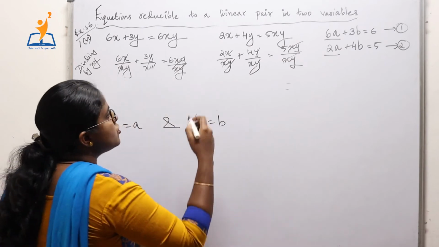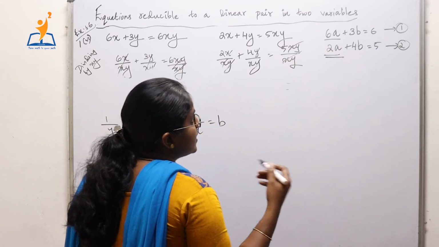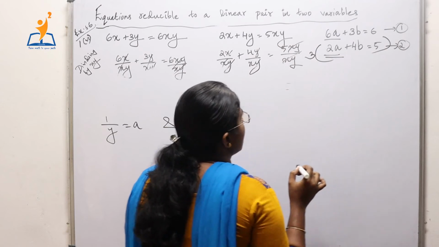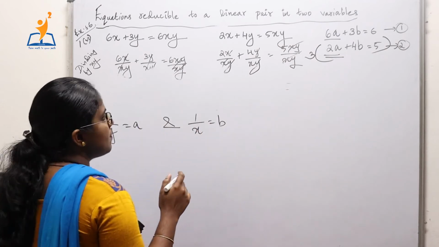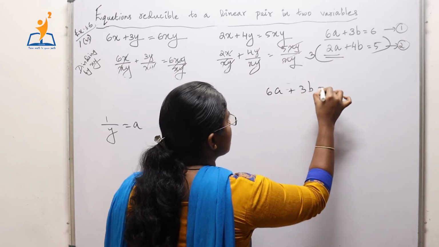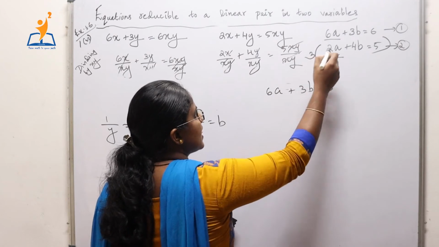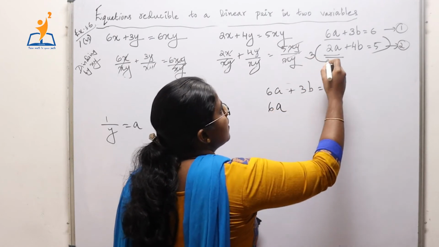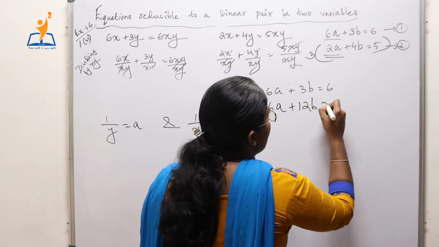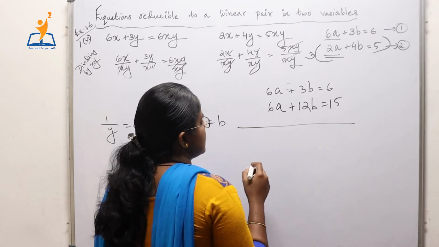So in order to make the coefficient of this a term into 6, we have to multiply this equation throughout by 3. So our equation number 1 is nothing but 6a plus 3b equals to 6, and equation number 2 will become a new equation, that 3 into 2 is 6a, 3 into 4 is 12b, and 3 into 5 is 15. So we are now going to subtract these equations.